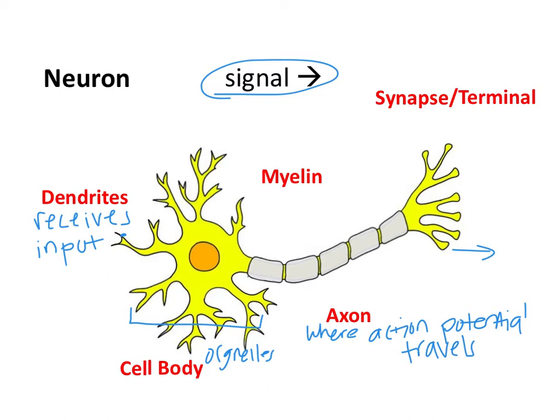On that axon, there's myelin. Myelin allows the action potential to travel faster.